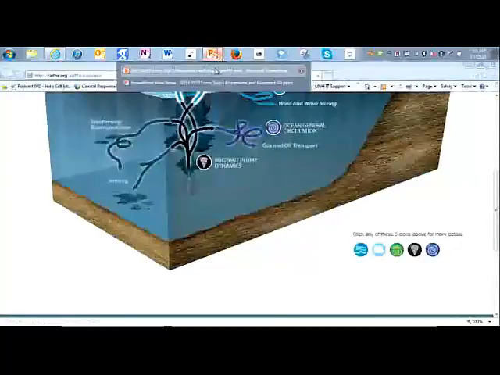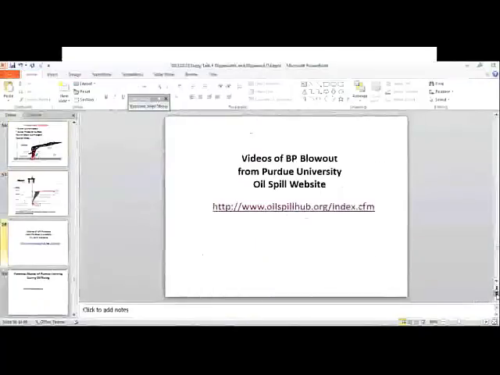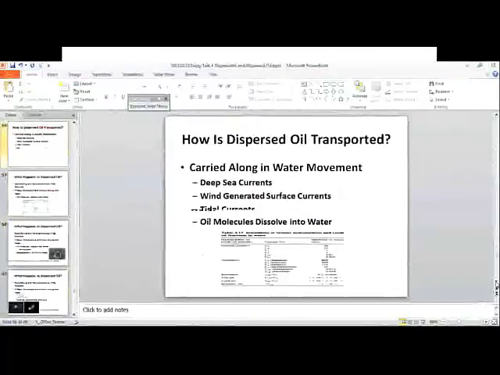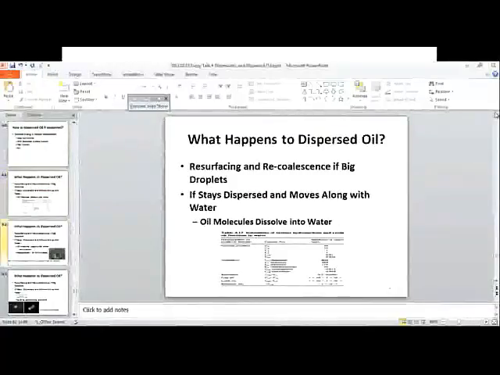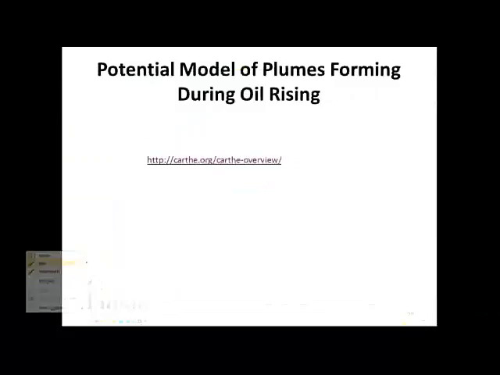Going back to this, what we had is the main plume coming up, getting bigger, and then it keeps rising and gets more and more diffuse.